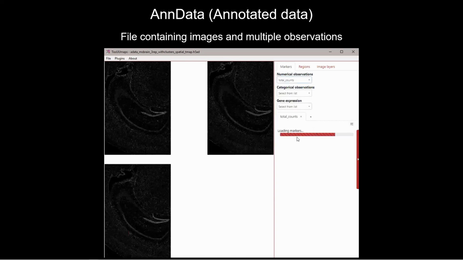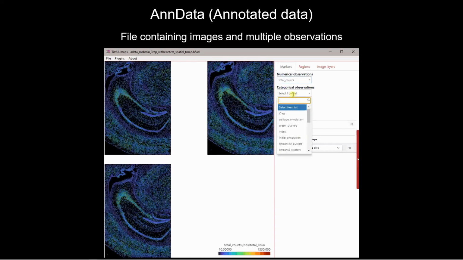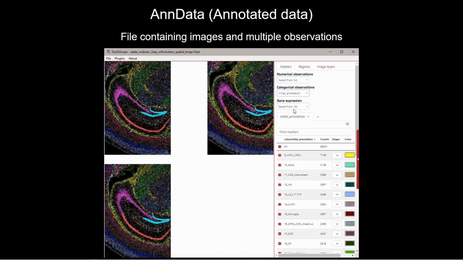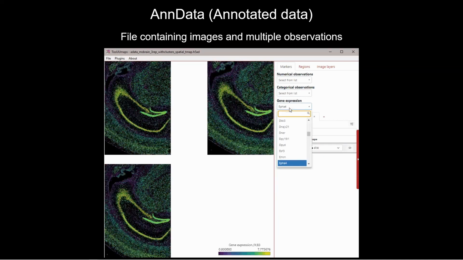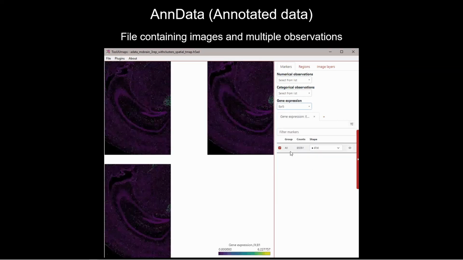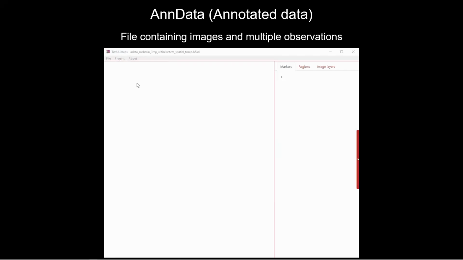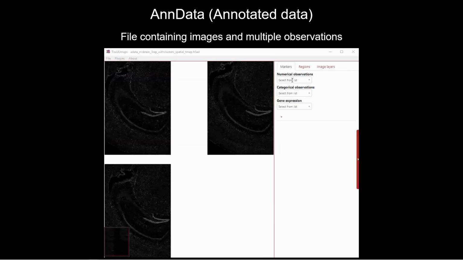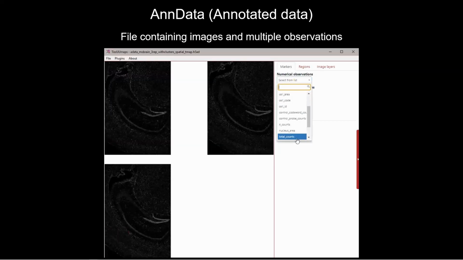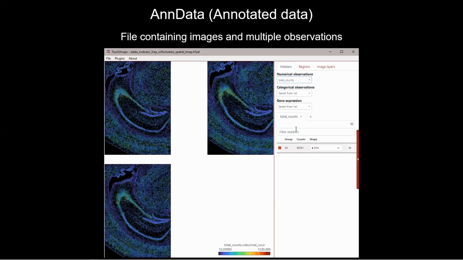So if we click on total counts, we will directly see on the left the total counts for the different samples in the AnnData object. I will come back to that, but you can see here that we have 3 samples in parallel, so we can display as many samples as we want. AnnData comes with library ID, so you can have many different images, and the markers will be associated with each image separately.